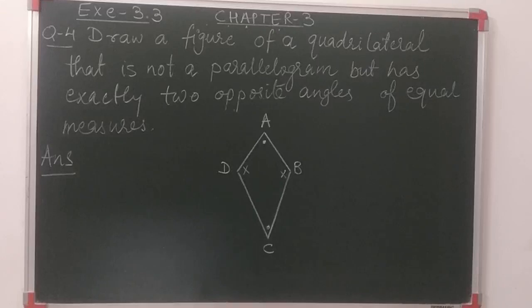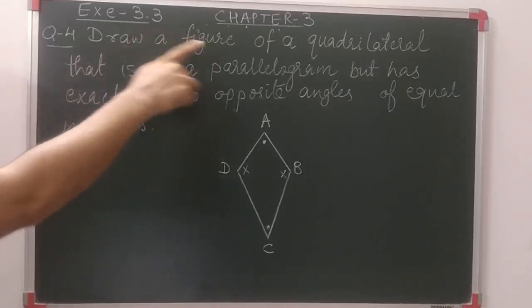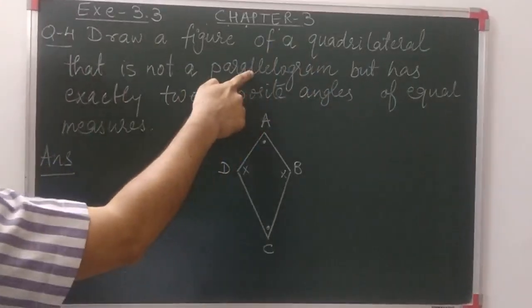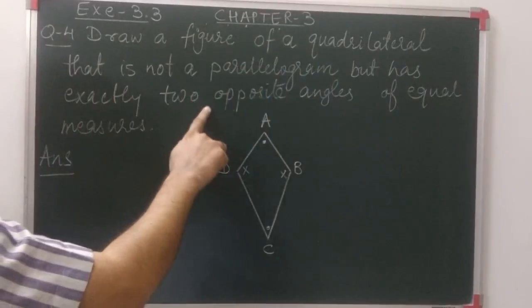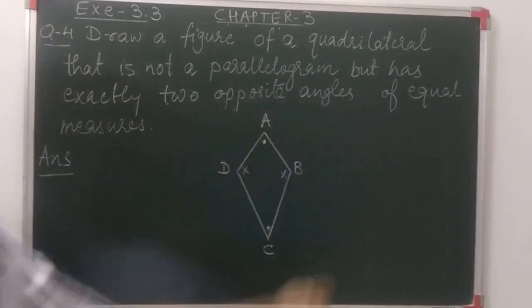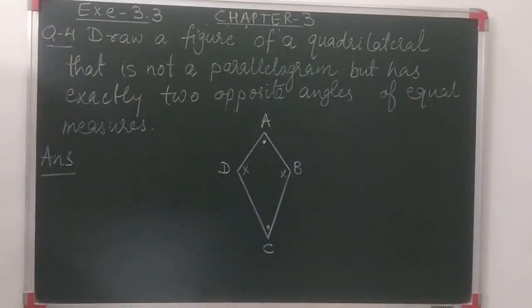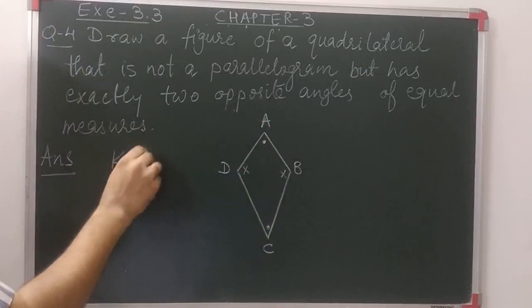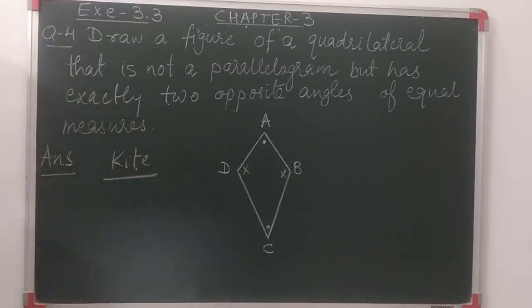Let's see question number 4. It is given in the question: draw a figure of a quadrilateral which is not a parallelogram but has exactly two opposite angles of equal measures. From the diagram I hope you understand this. It's a kite, a kind of quadrilateral.